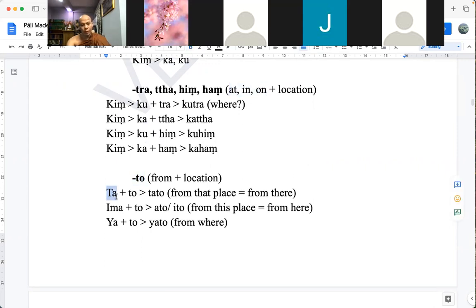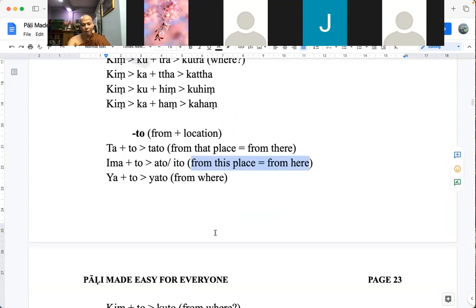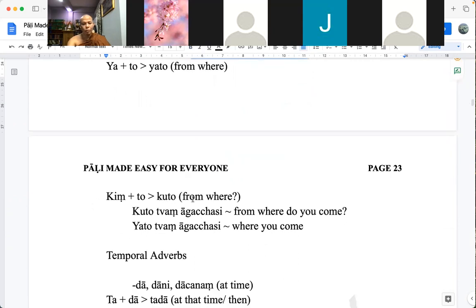So da and dha means from that place, that means from there. Ima is changed to a, so atha or itha, from this place, that means from here. And ya also, from which place, from where. And ka comes to kutha, also from where, for the question.